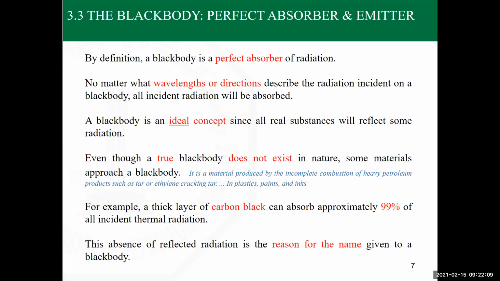Do we find a really black body in reality? Not really. We are a little bit lucky because if we use a material called lamp black, which can be produced by incomplete combustion of heavy petroleum products, like tar for example, then this kind of material can absorb 99% of the energy falling into it.